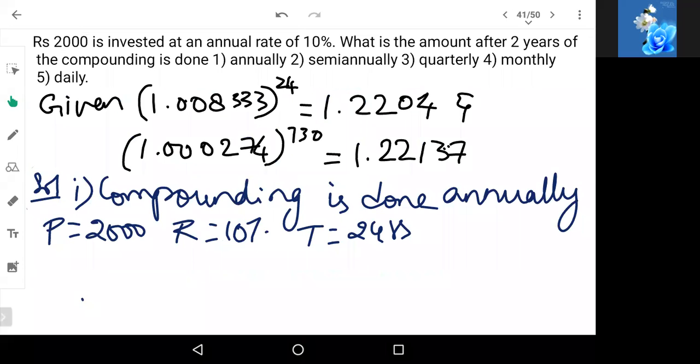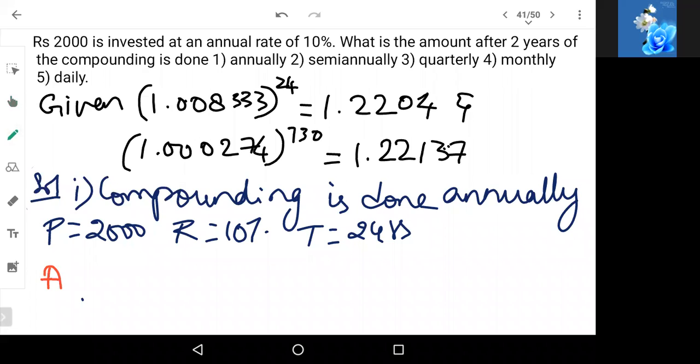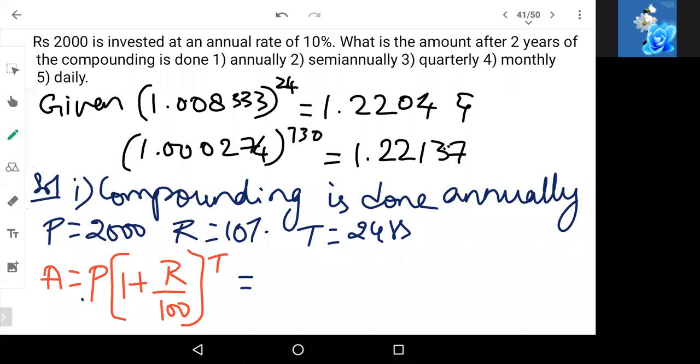So let us write the formula. Amount is equal to P into 1 plus R by 100 to the power T. Now write the values. 2000 into 1 plus 10 by 100 to the power 2.